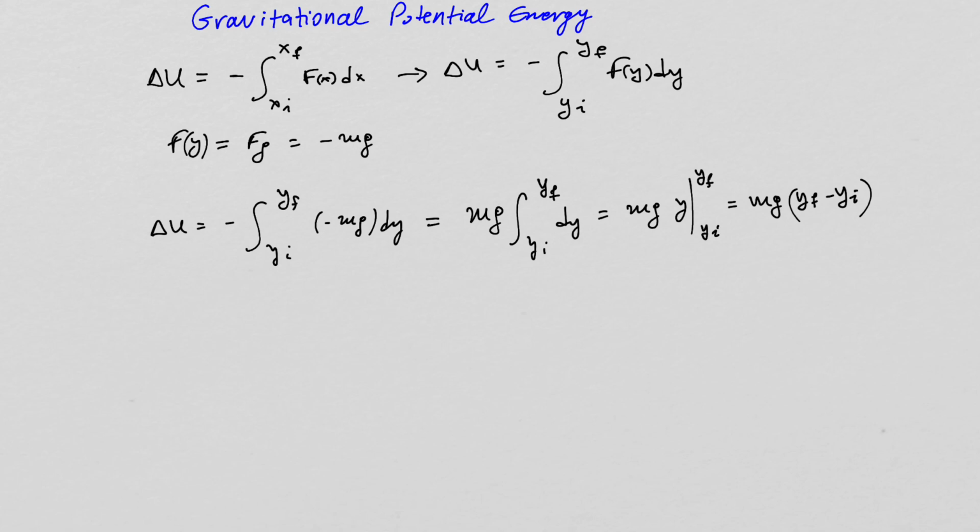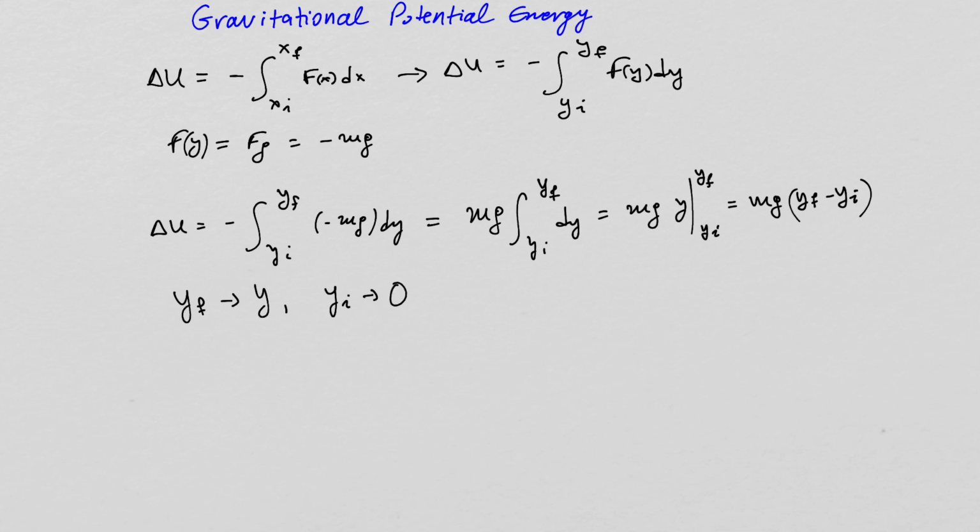Now let's rename the variables to simplify the expression. Let's rename the final vertical position y final simply y. And let's rename the initial vertical position y initial to become y 0.